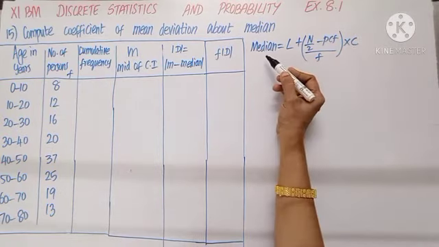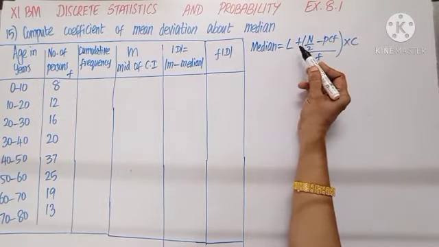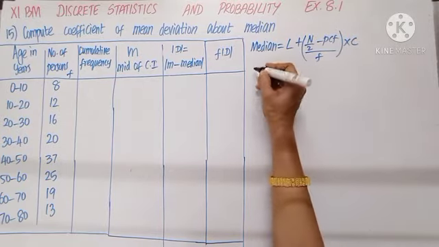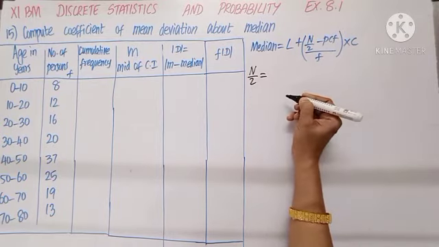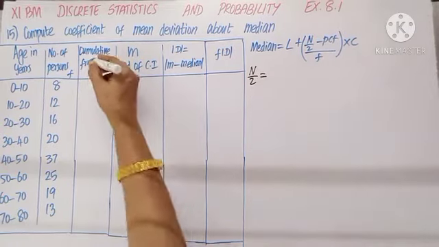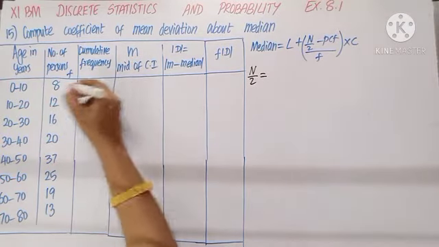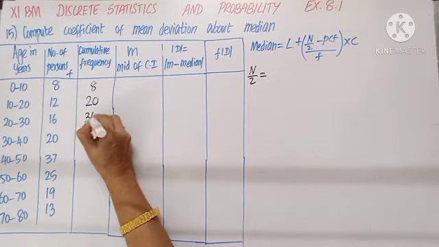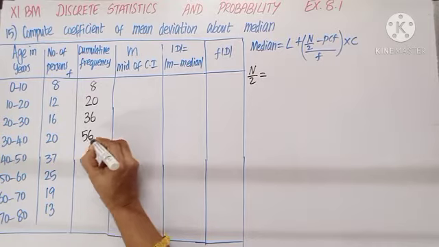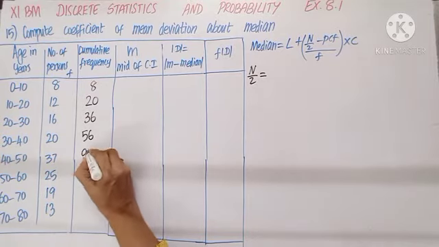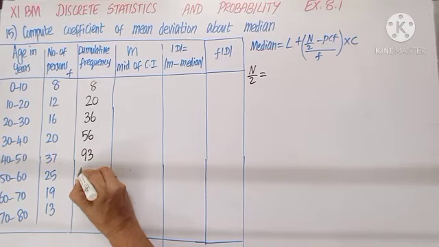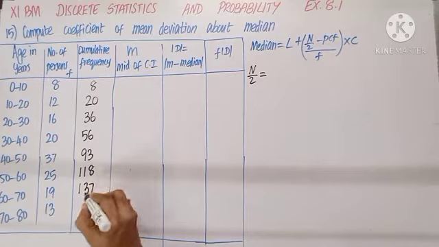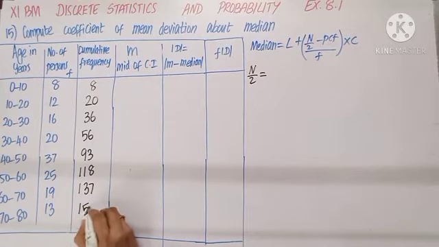To get median, we have the formula L plus (n/2 minus PCF)/F into C. Let us calculate what is n by 2. To get n, calculate the cumulative frequency. 8, 8 plus 12 is 20, plus 16 is 36, plus 20 is 56, plus 37 is 93, plus 25 is 118, plus 19 is 137, plus 13, that is 150.